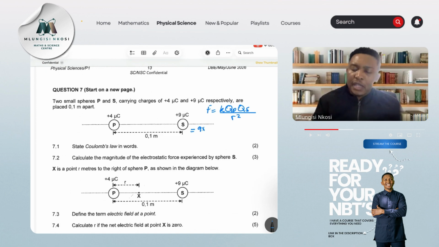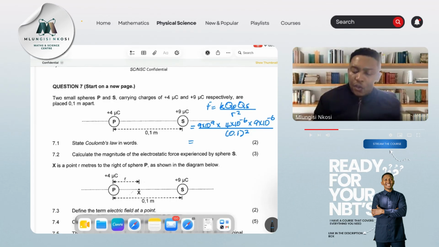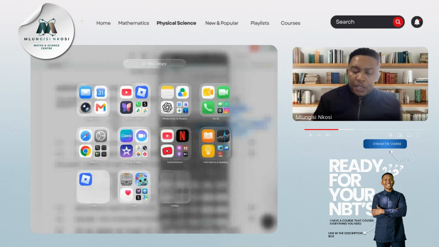So that's 9 times 10 to the exponent of 9 multiplied by 4 microcoulombs times 9 microcoulombs, divided by the distance between them, 0.1 squared. Without any waste of time, let's calculate that.